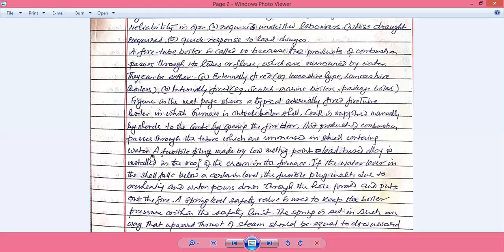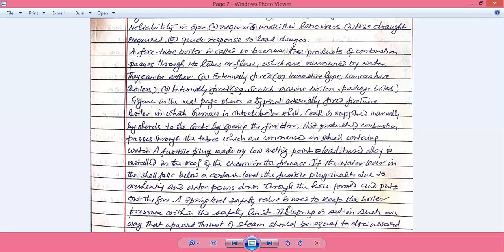From there, water pours down through the hole formed and onto the fire itself, so that cold water is sent through this system, which is heated by the fire tubes inside it.